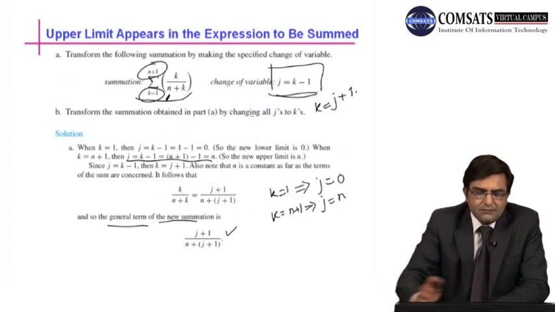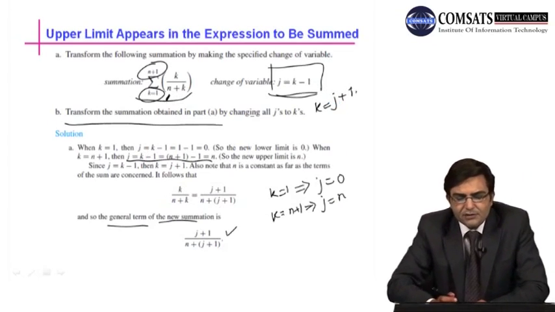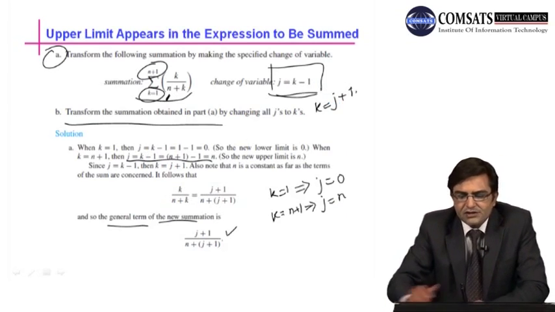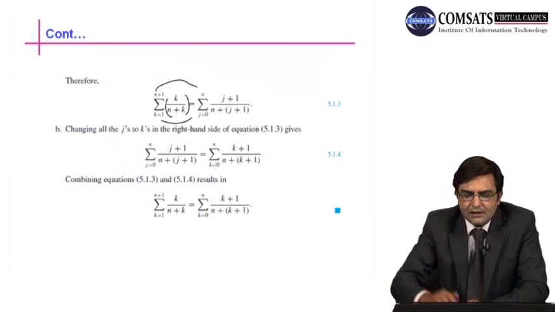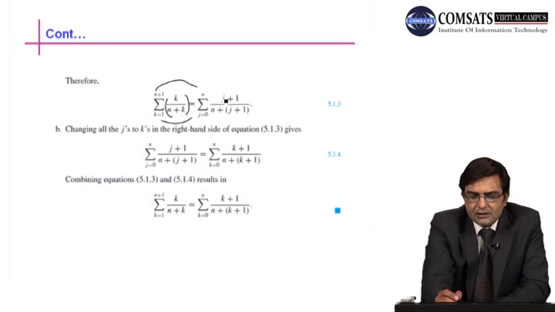Now the B part of this exercise was this: transform the summation obtained in part A by changing all j's to k's. And then here, as we have discussed in the earlier slides, we can change the index to any other index by changing the index at each occurrence of that index.